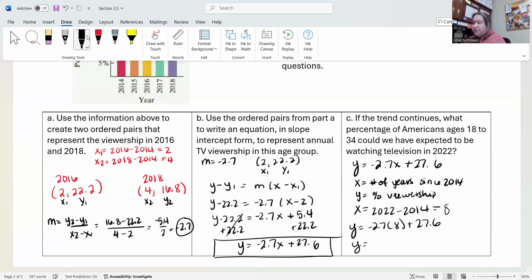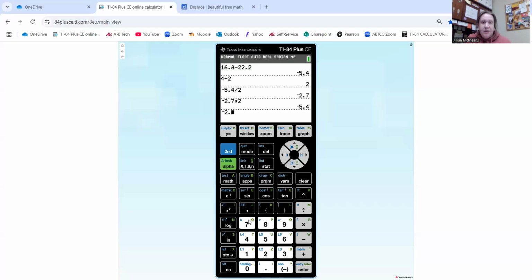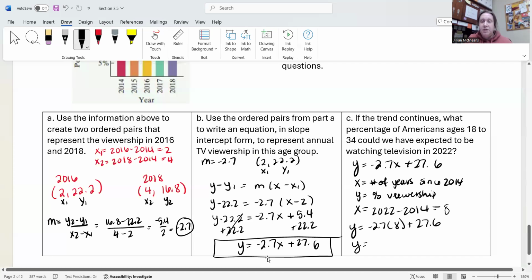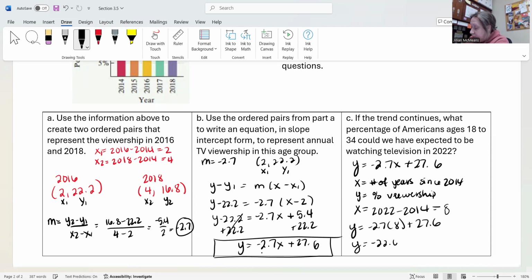Well, negative 2.7 times 8, let's go back to the calculator. We get negative 2.7 times 8. Well, that's negative 21.6. I wish I could show two screens. I need to play around and see if I can do that. And then we're going to add 27.6 to that.